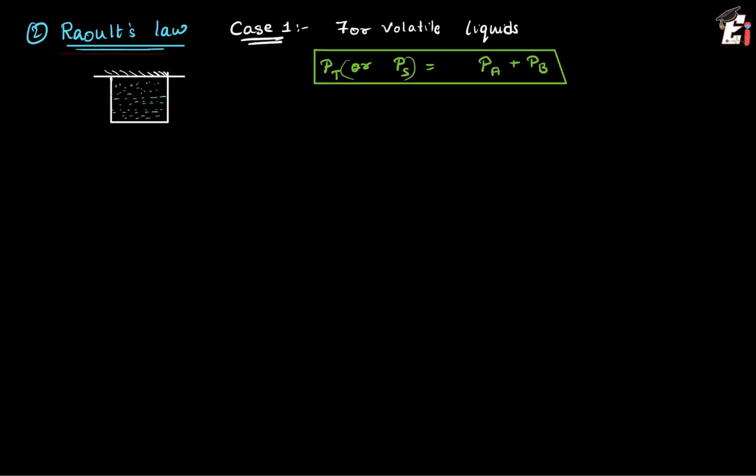This is the formula what I have written. Or pressure total is equal to P naught A, vapor pressure of pure A, into mole fraction of A, plus vapor pressure of pure B into mole fraction of B. This is the other formula.